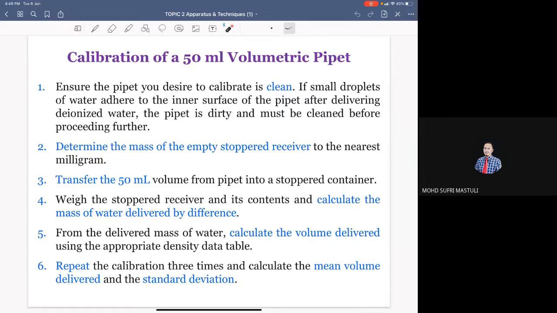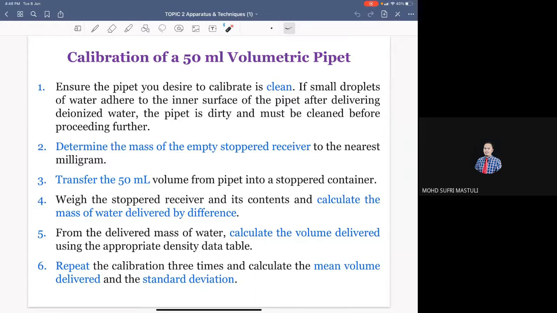Determine the mass of the empty stoppered receiver to the nearest milligram. We transfer the 50 ml volume from the pipette into the stoppered container. We weigh the stoppered receiver with its content, meaning that it contains water, and we calculate the mass of water delivered by difference.